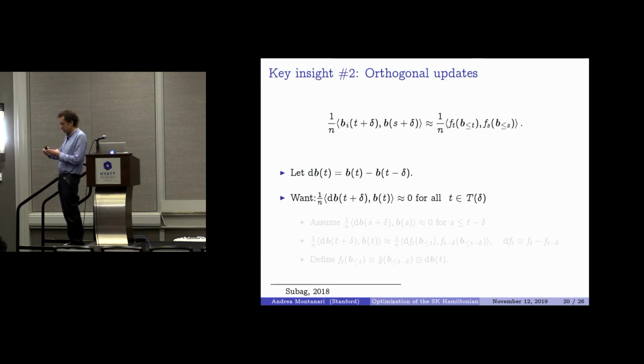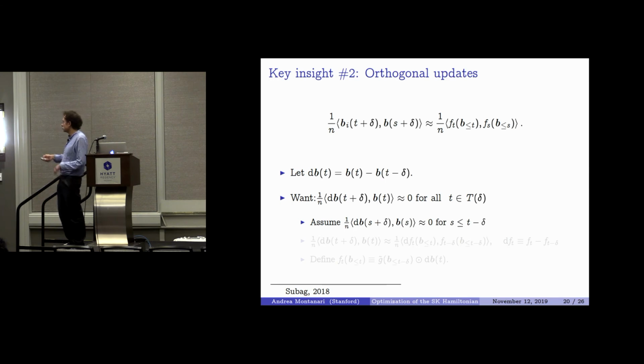So at each step, I move in a direction orthogonal to the past, and then again in a direction orthogonal to the past, and so on. This is something that appeared in a somewhat simpler problem, in a very nice paper by Eliran Subag, on the spherical spin glass model. There it's very clear why orthogonality works, but if you use it here, it simplifies a lot of operations.